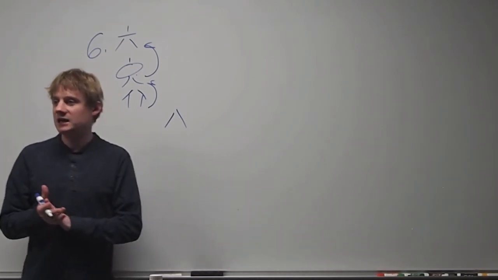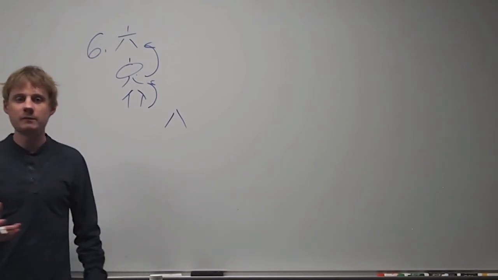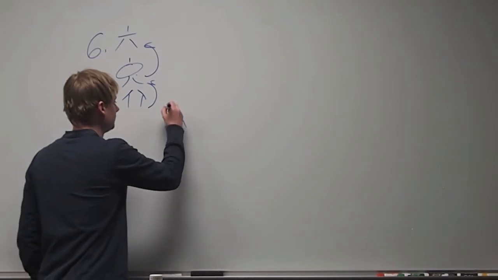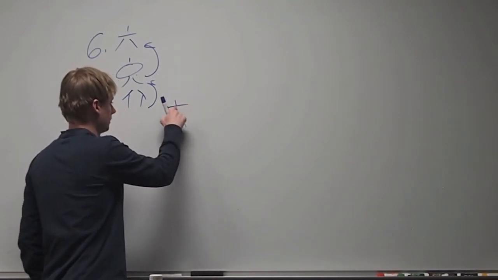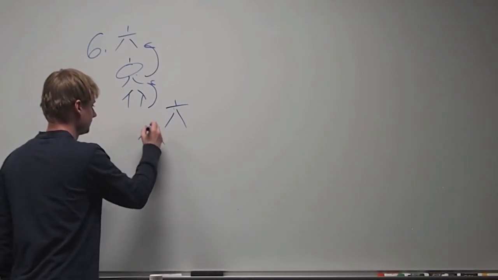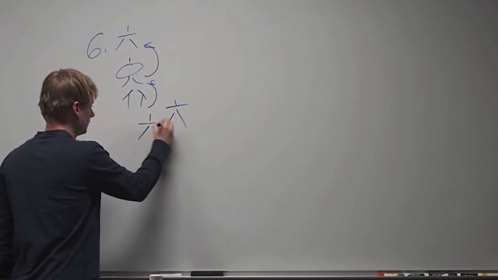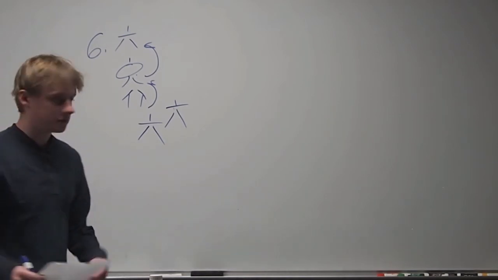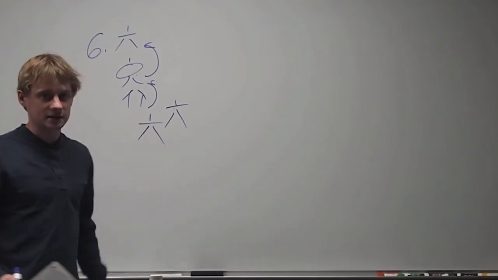The way the Japanese remember it is you take 2 away from 8. So here's your 8, technically, and you just take 2 away from 8. And that becomes 6. So 8 topped by 6.